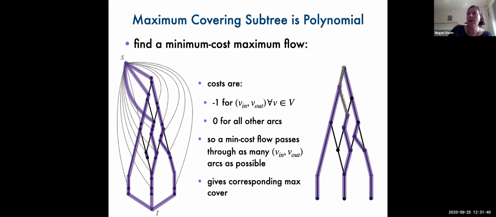And then they're going to go up as high as possible, because if, for example, the source wasn't connecting to this vertex, but was instead maybe connecting down to this vertex, I could get a lower cost flow by also including this bit and this bit.